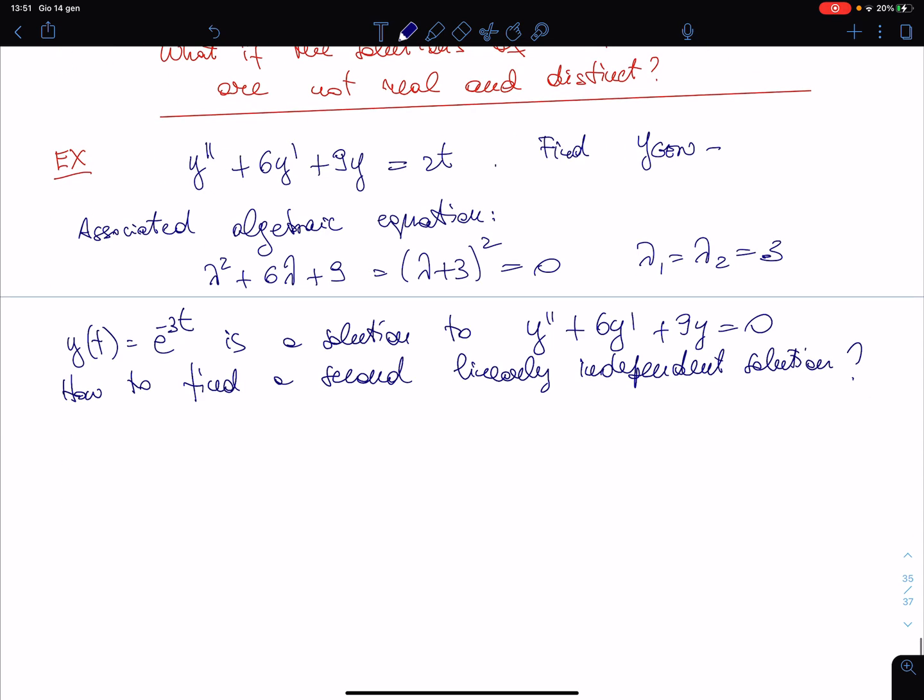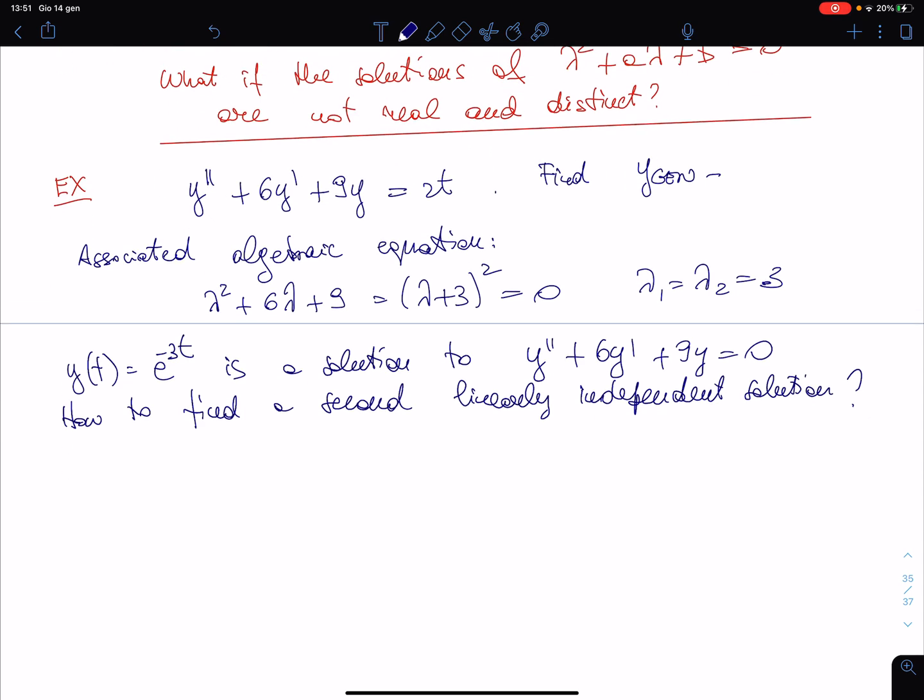So I give you immediately the answer. I don't want you to go into deep arguments, and a very nice argument is probably found in old books of mechanics when you construct the solution using the theory of Jordan canonical form, and this is really nice. But here we don't have time, we don't have the instrument, so I give immediately the second linearly independent solution. So this is like a miracle.